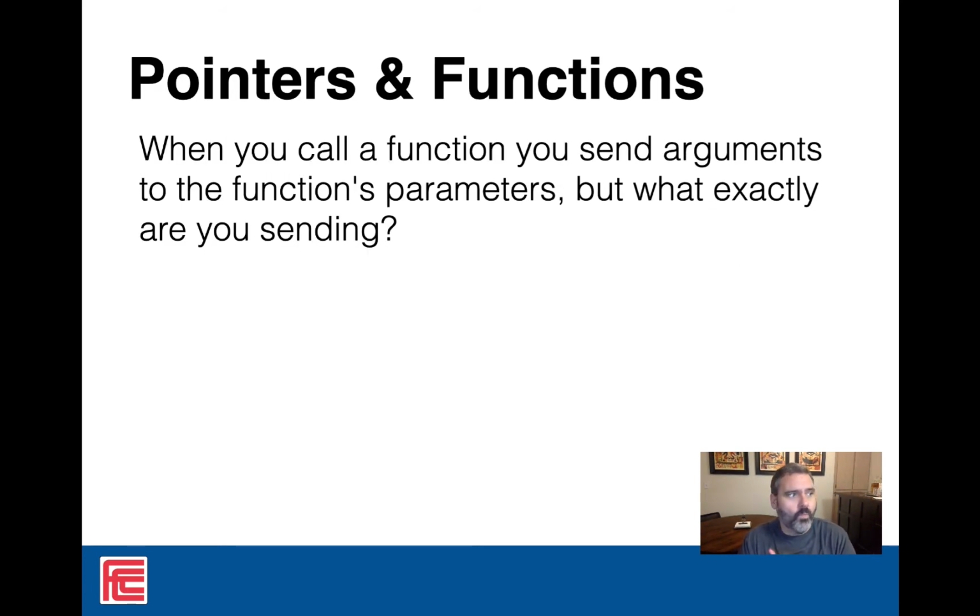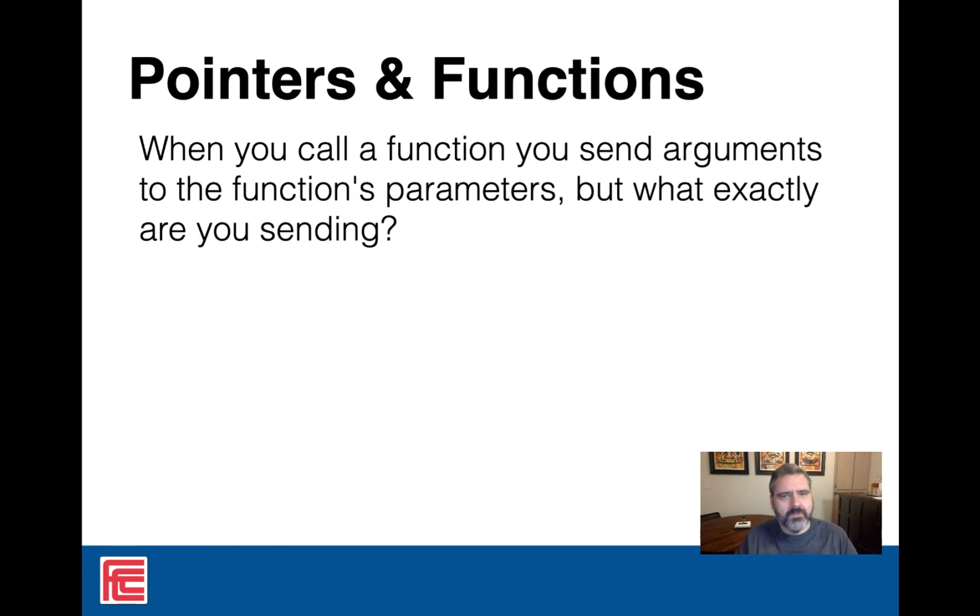Now, why do we care about pointers? How are they useful? And how are they connected to functions? So we talked about last week with functions that when you call a function, you're sending an argument. That argument is assigning a value to the parameters of that function before it starts running. But what are you actually sending?